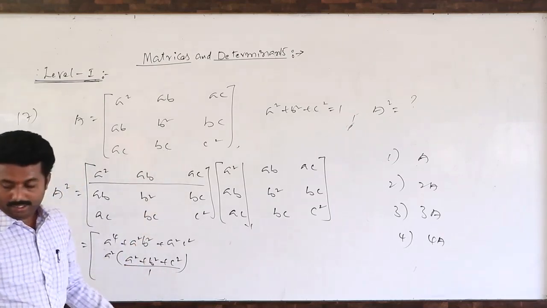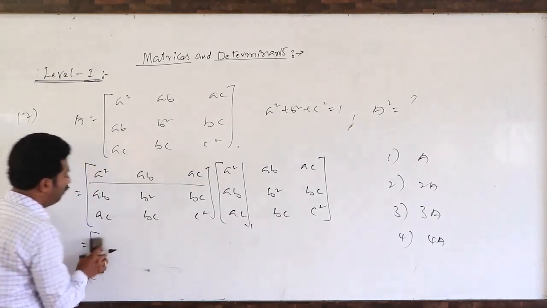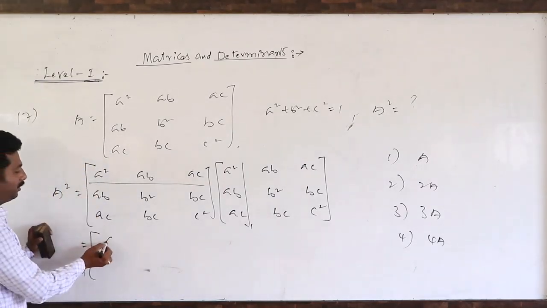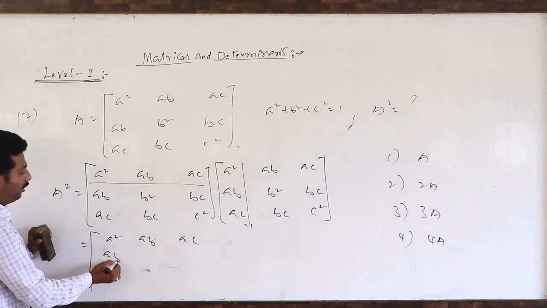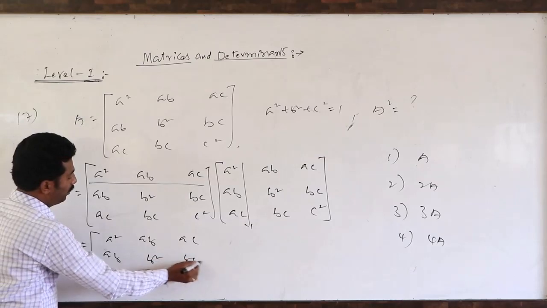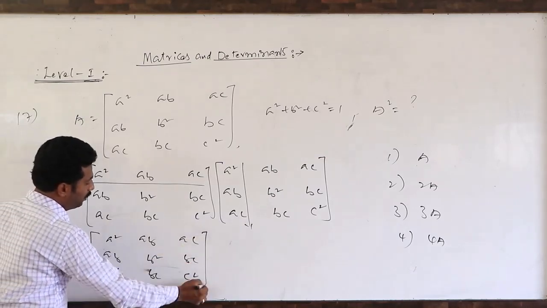So finally, if you simplify, we get the same matrix: a squared, ab, ac; ab, b squared, bc; ac, bc, c squared.